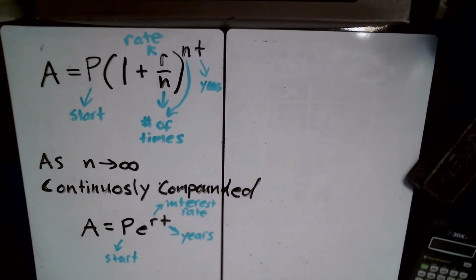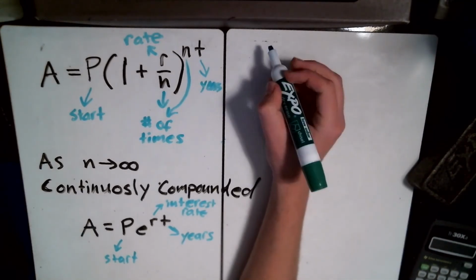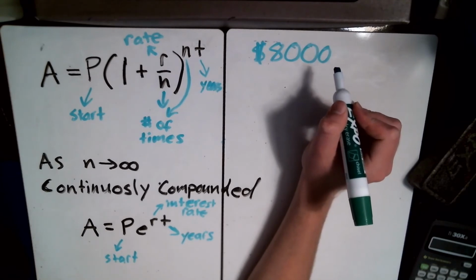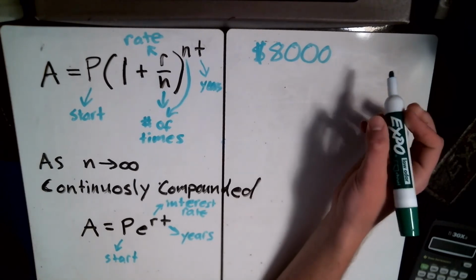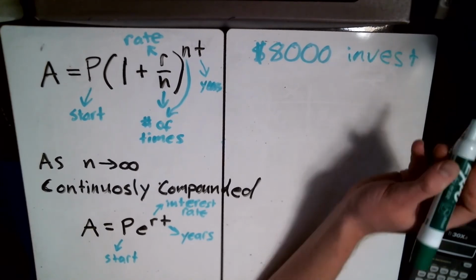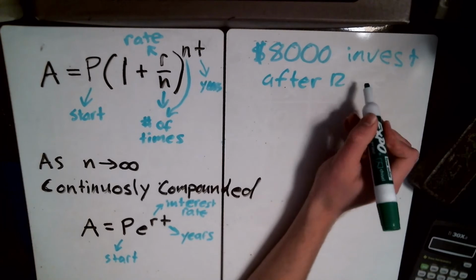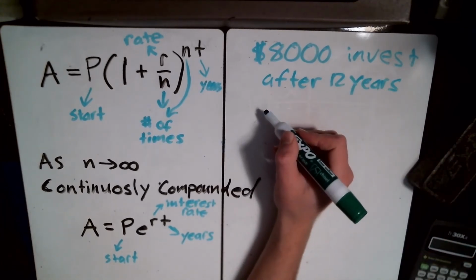And so let's look at an example. Let's say you have $8,000, and you want to invest it in an account that gives you continuously compounded interest, and you want to find out how much you have after 12 years.